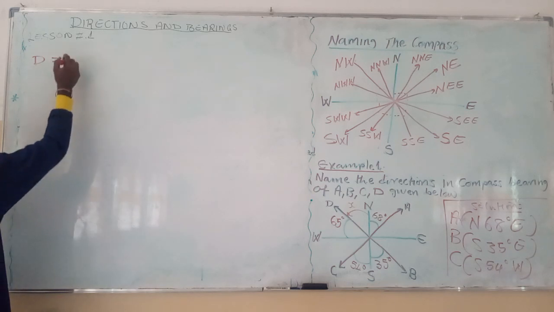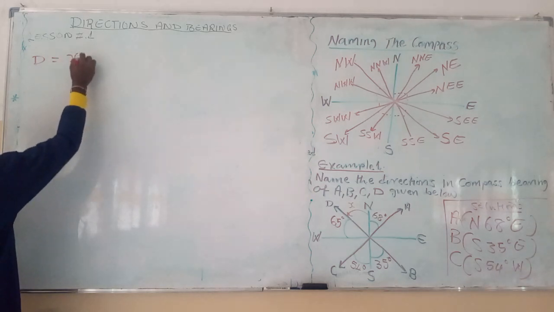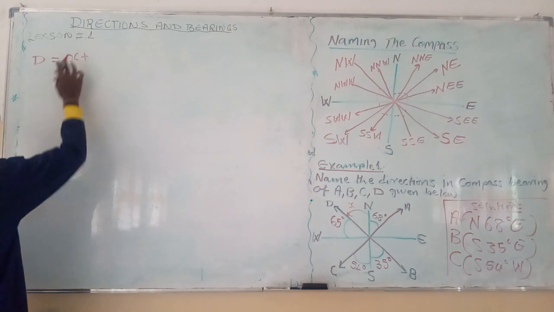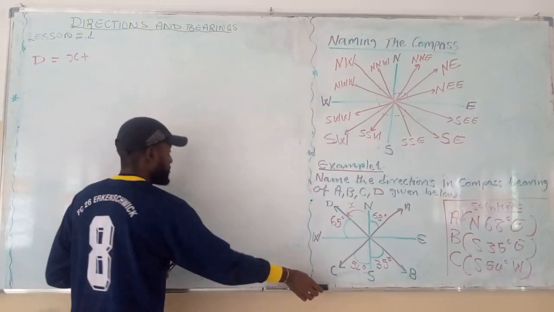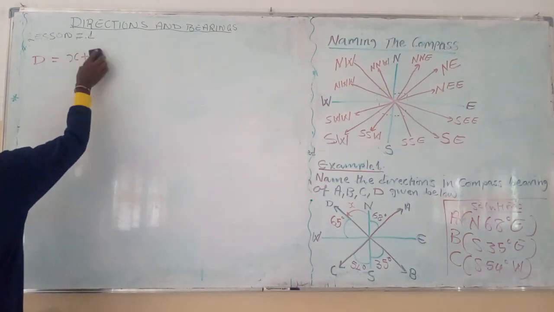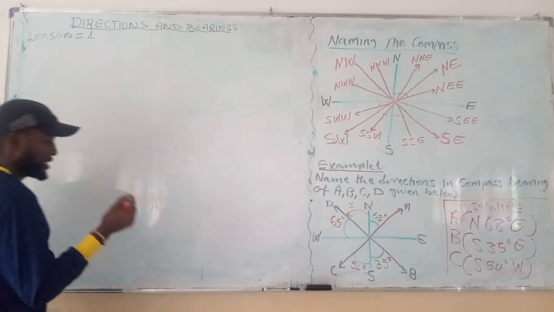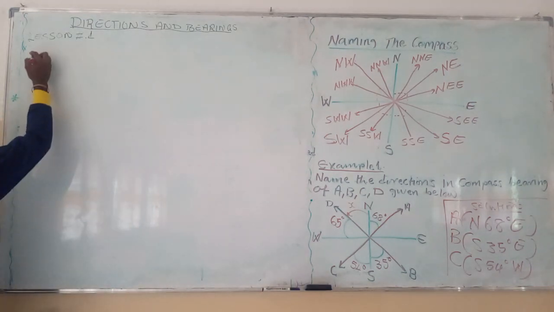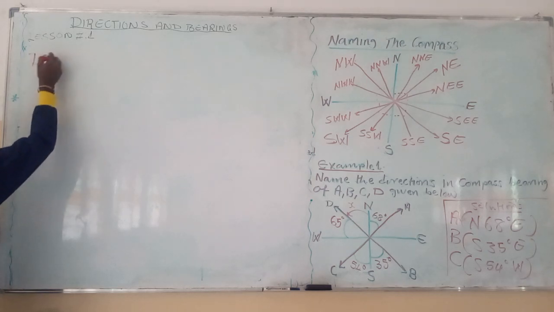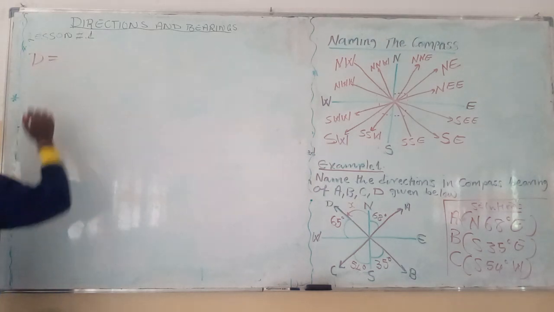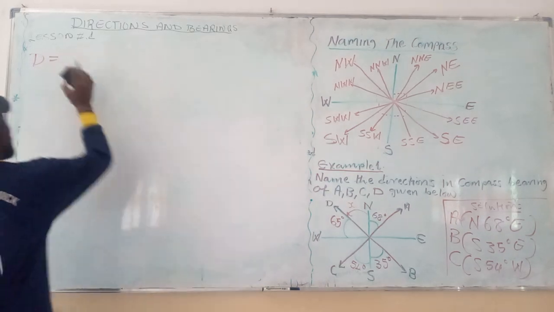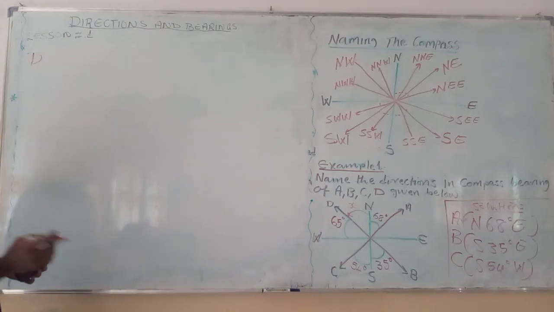So I'm going to write my working like this. If I want to find the angle in between, the answer D, remember, when you are naming, you don't put equal to.